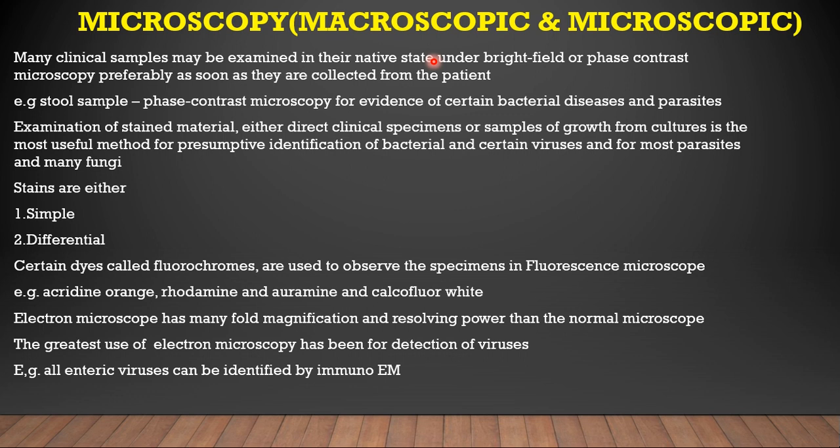For that reason, many clinical samples may be examined in their native state under a bright field microscope or phase contrast microscope, preferably as soon as they are collected from the patient. For example, a stool sample may be examined directly by phase contrast microscope for evidence of certain bacterial diseases and parasites.